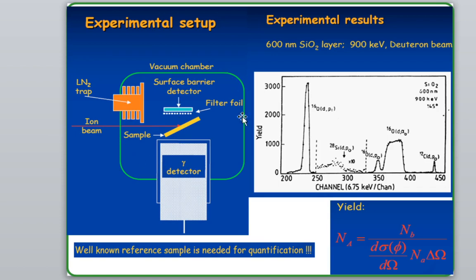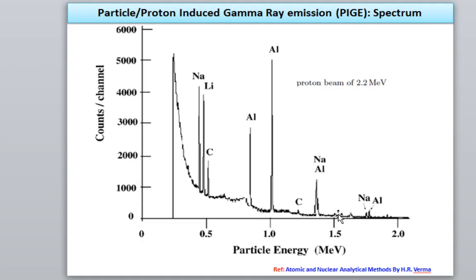This whole experiment should be done in a chamber. This is a typical spectrum of a 900 keV deuteron beam used on a SiO2 layer of 600 nanometers. The number of yields depends inversely on the cross section and solid angle.